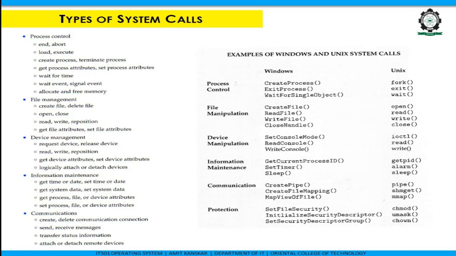Once only of concern for a multi-user system, protection is now important for all systems in the age of ubiquitous network connectivity. So these were the categories of the system calls which we have studied.